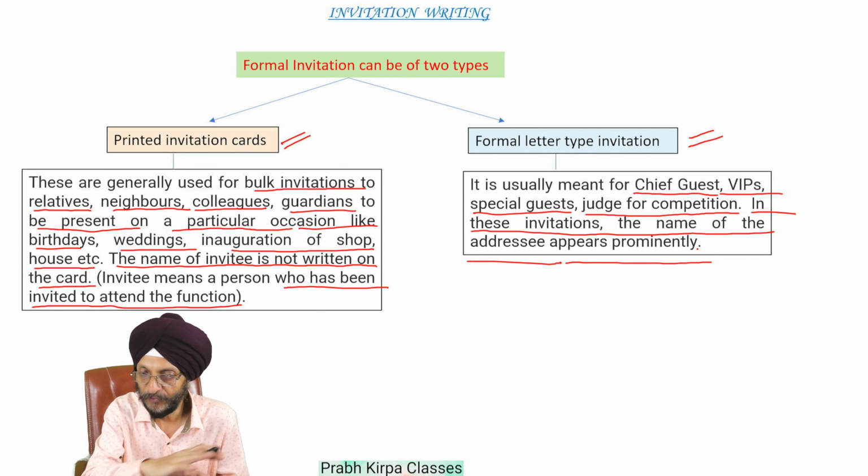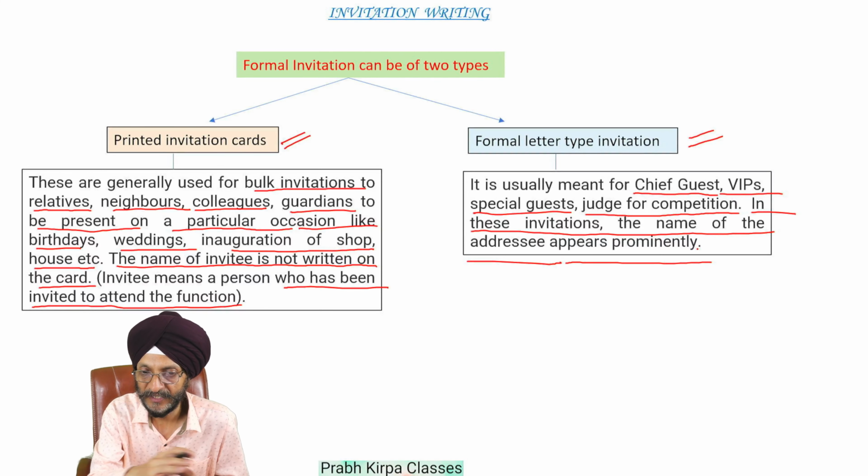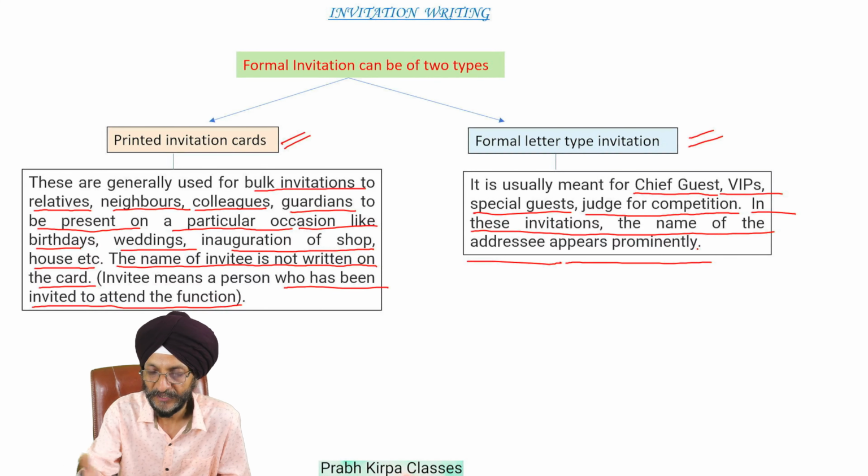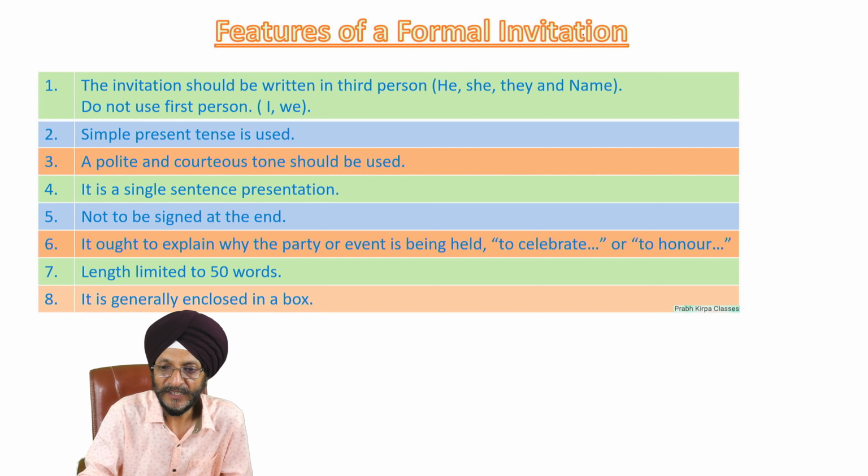We will see the format of all these printed cards and formal letter type invitations in the coming slides. So now we have before us the features of a formal invitation.